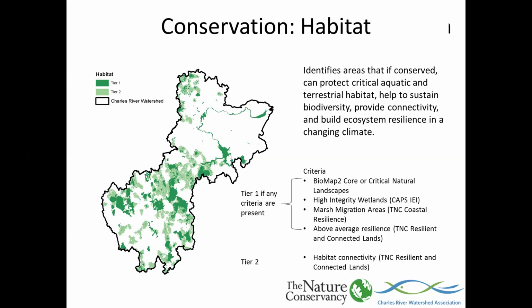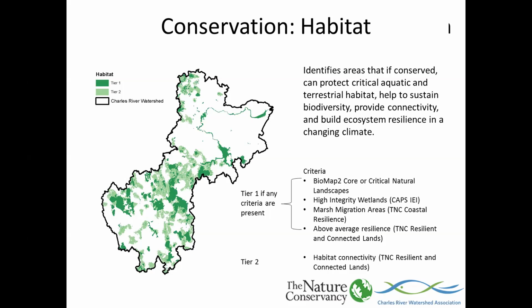So they had a lot of go-to resources on identifying high habitat areas as well as habitat connectivity areas, those areas between high quality habitat that you want to preserve to allow for some migration. They were able to bring all of that into the tool and consolidate it into the tiers.